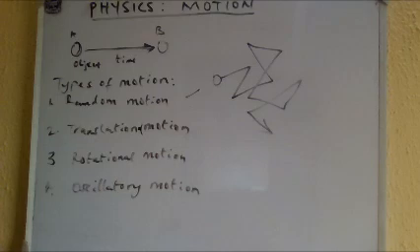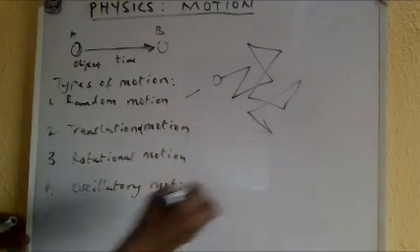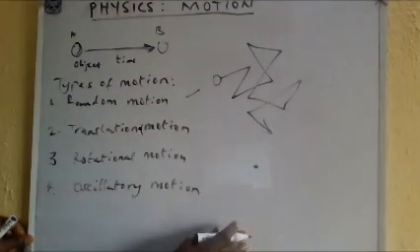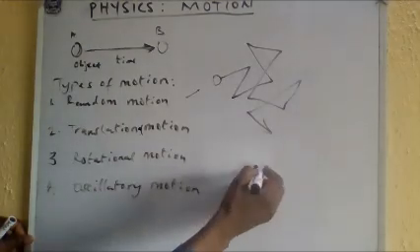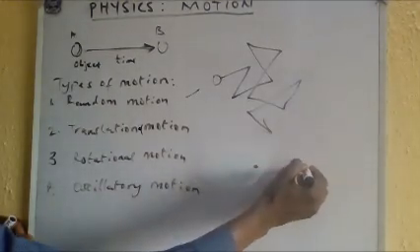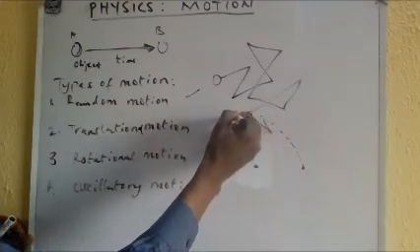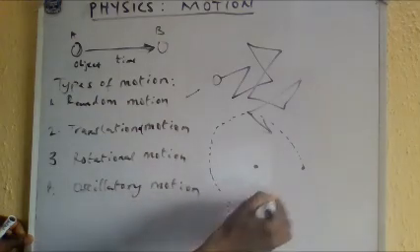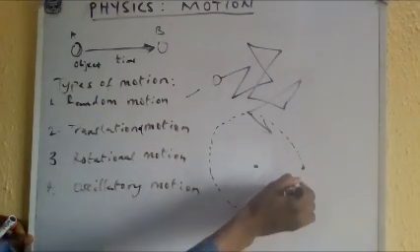Now, rotational motion is when you have a body moving around a fixed point. So it has a regular pattern around a fixed point. If this is the point, and this is the body here, the body starts moving like this, maintaining a constant distance from this point. So the body moves round like this.